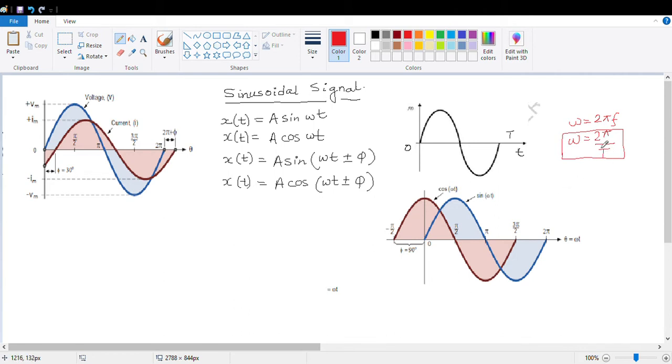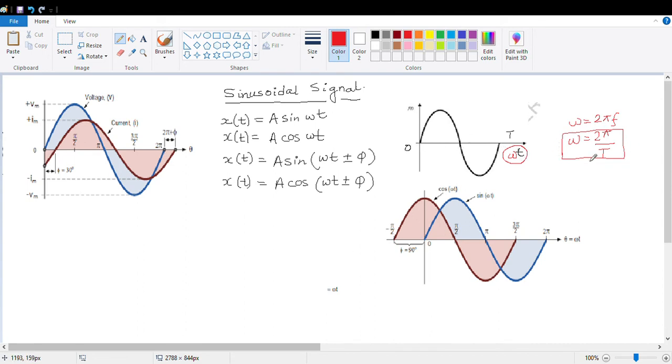Now sometimes we also find that the time scale is not given only in t, it is given in omega t. So then what will be the scale?